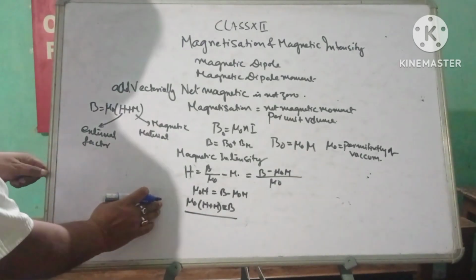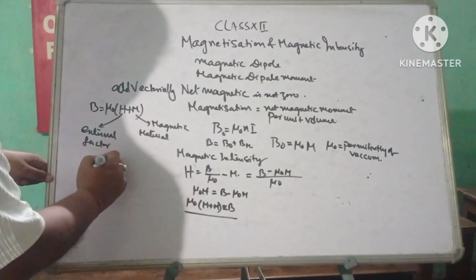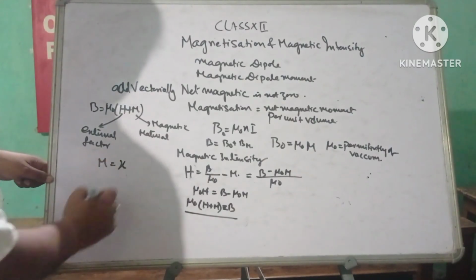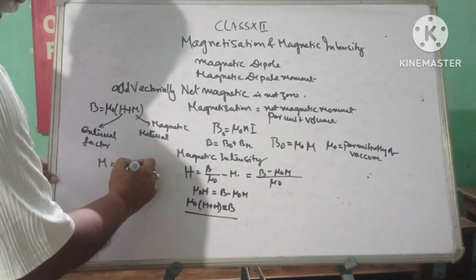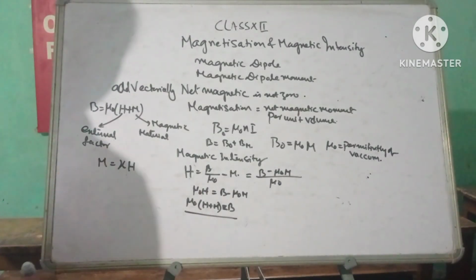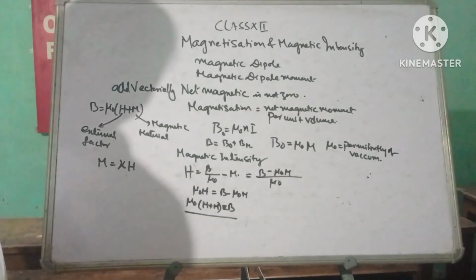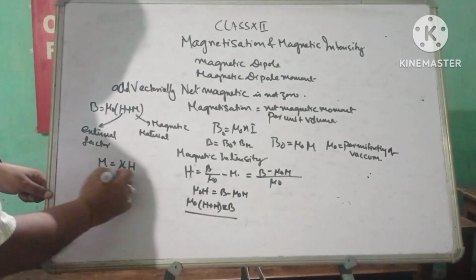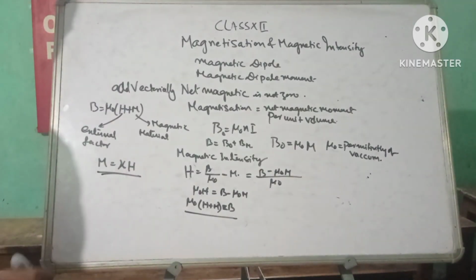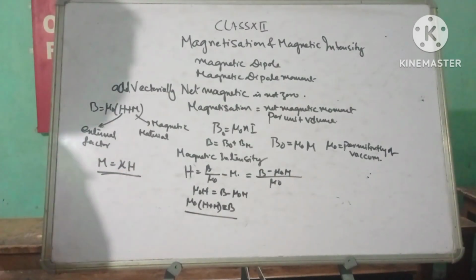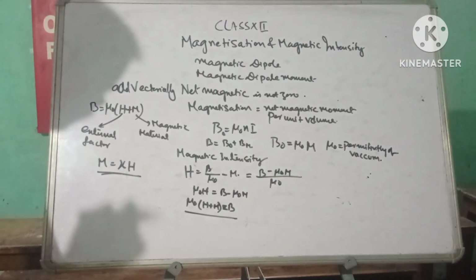Now here again, your magnetization is equal to the susceptibility of the magnetic material into the magnetic intensity.